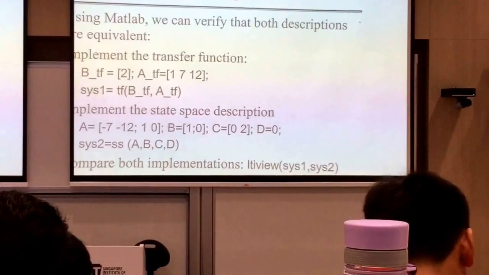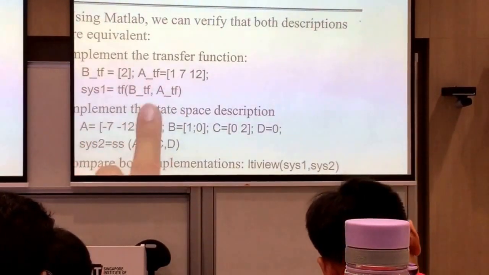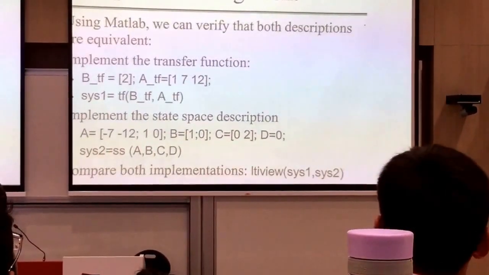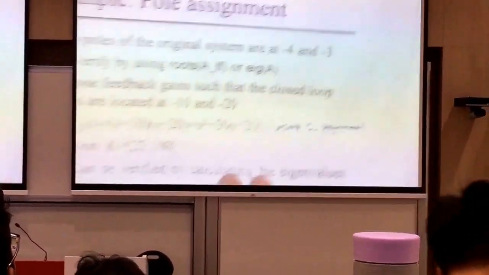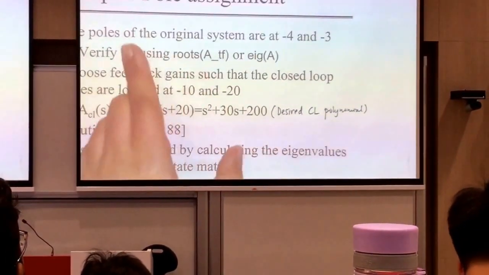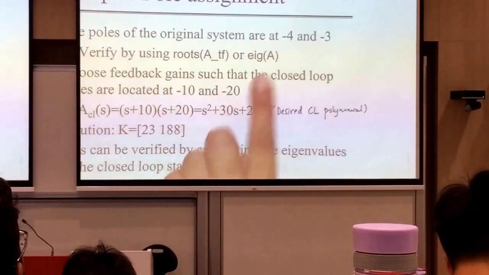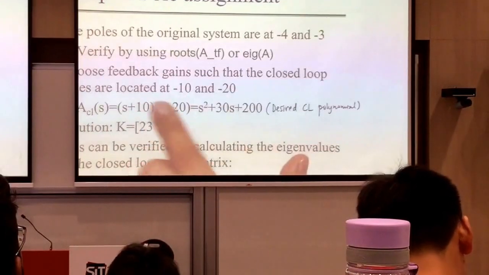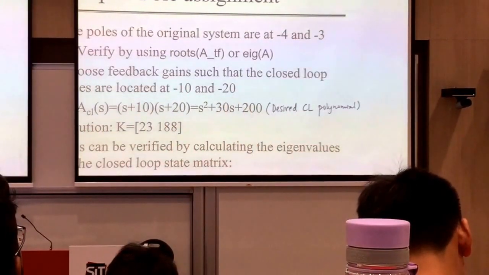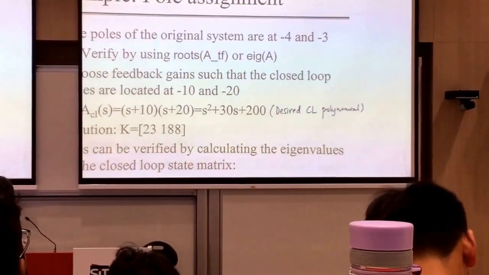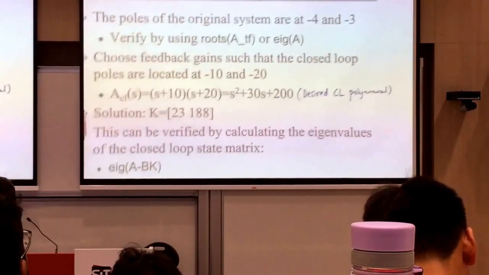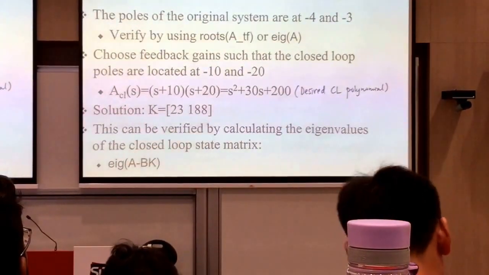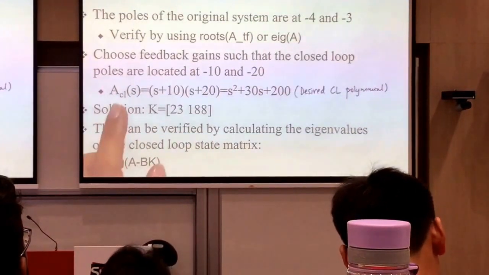So in MATLAB, what you do is you set up the system in the transfer function format, implement the state space description, verify the original poles of the system, that's -4 and -3, and enter some gains so you can get close to locations -10 and -20. I don't know how important it is to go through this, because this is not what you're going to do in the exam, you're on paper, right?